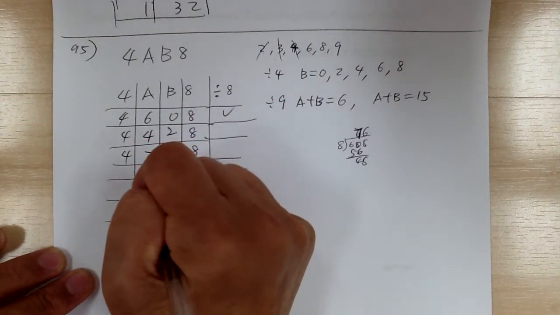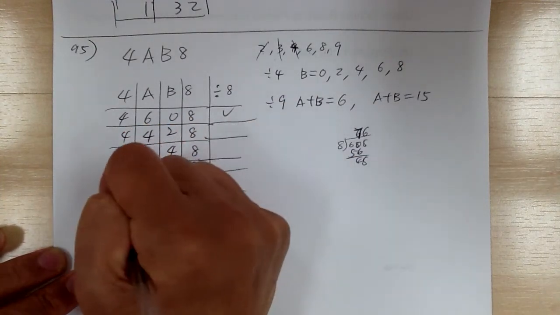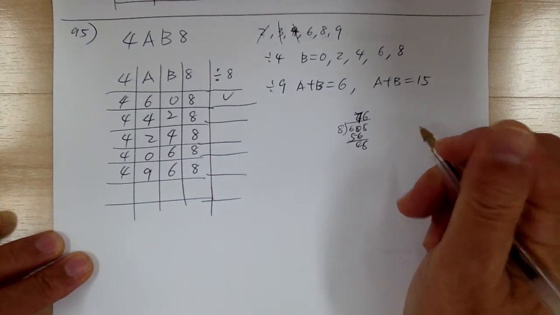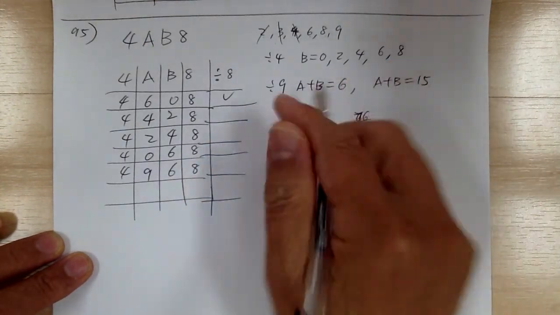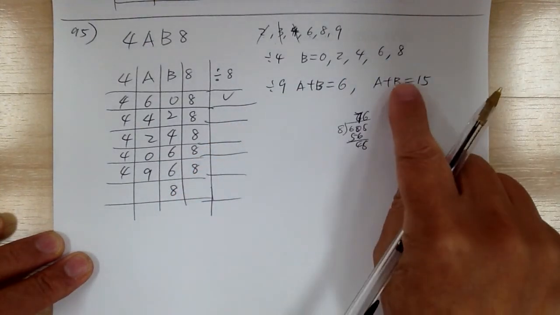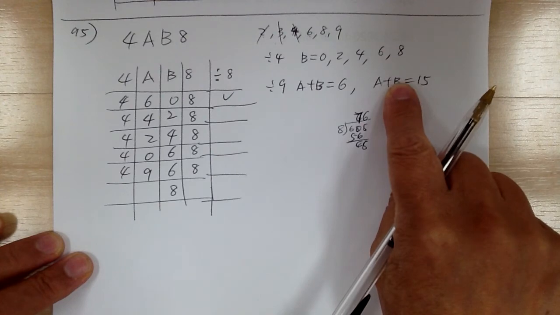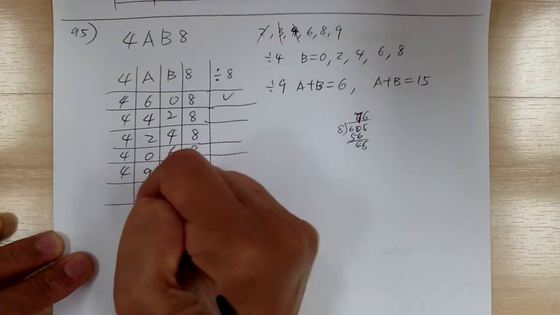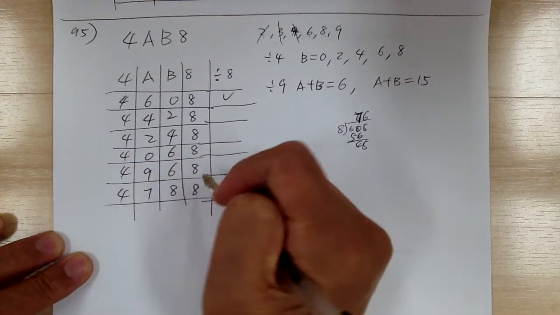So we can get this one here. Now let's go to the 8. When b equals 8, a has to equal 7. So these are your numbers.